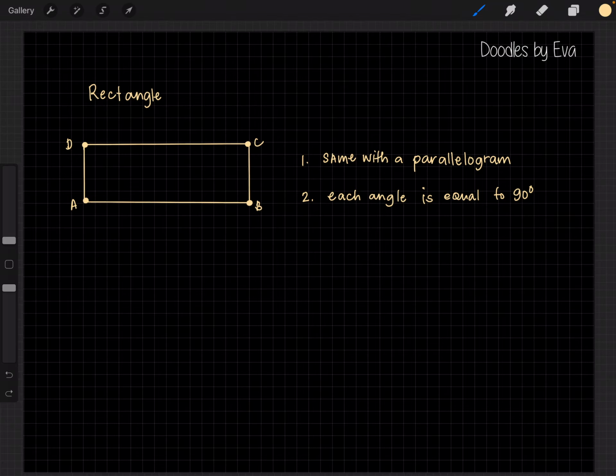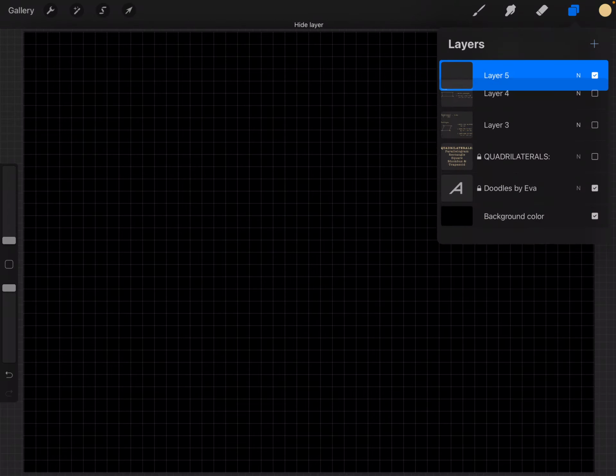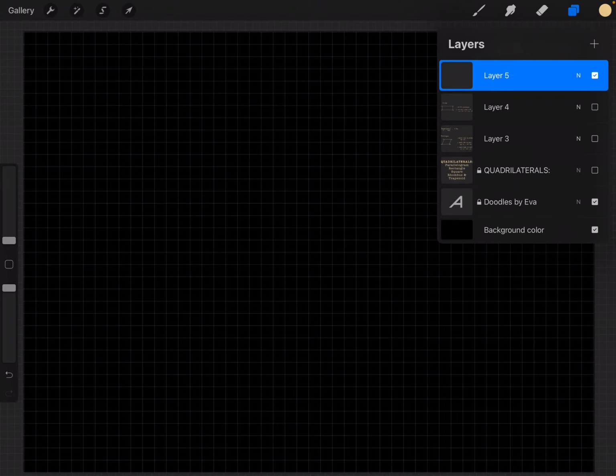Okay, so what are these angles? Angle A is equal to angle B, which is also equal to angle C, and also equal to angle D. So all of these angles are equal to 90 degrees. Okay? Next.